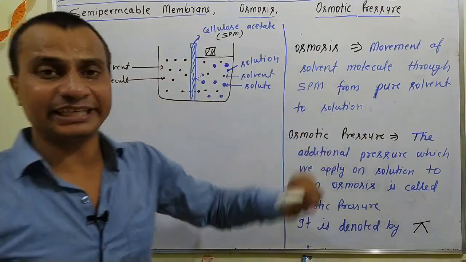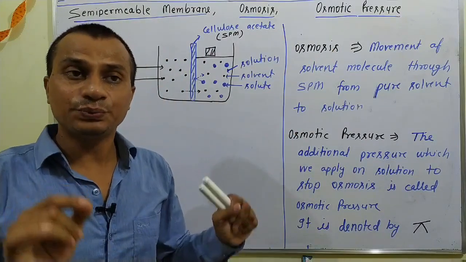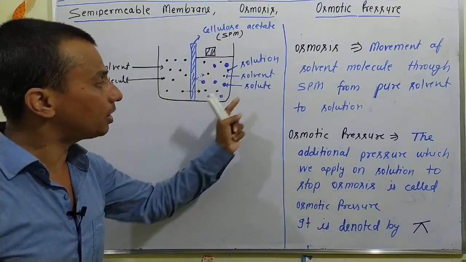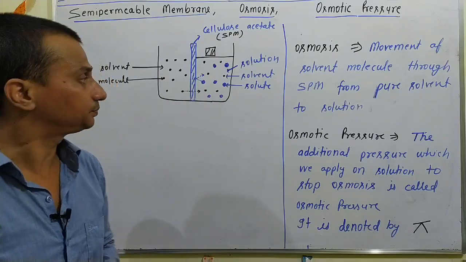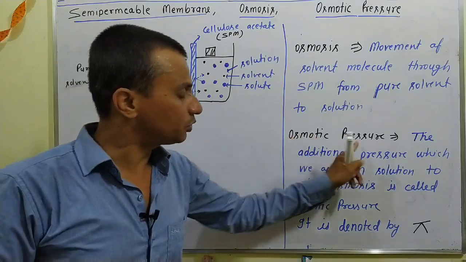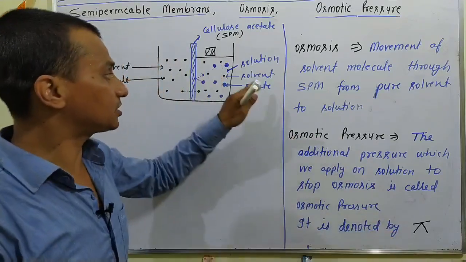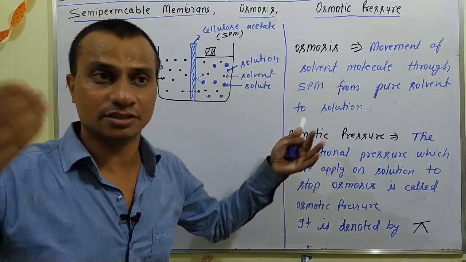This is your colligative property. Osmotic pressure is a type of colligative property which only depends upon the number of solute particles, not on the nature of solute particles. It means osmotic pressure depends upon the concentration of the solution.